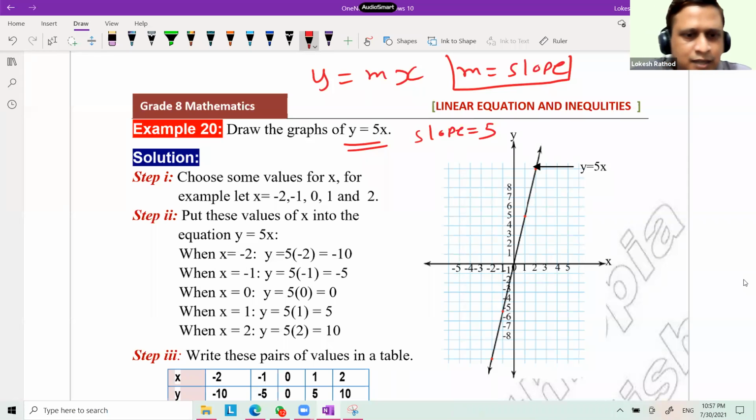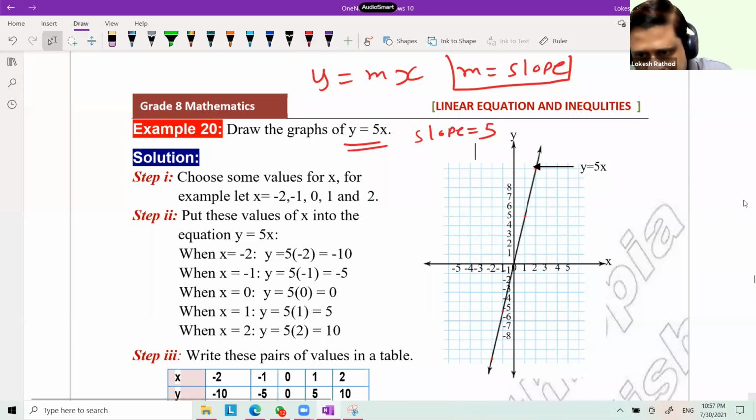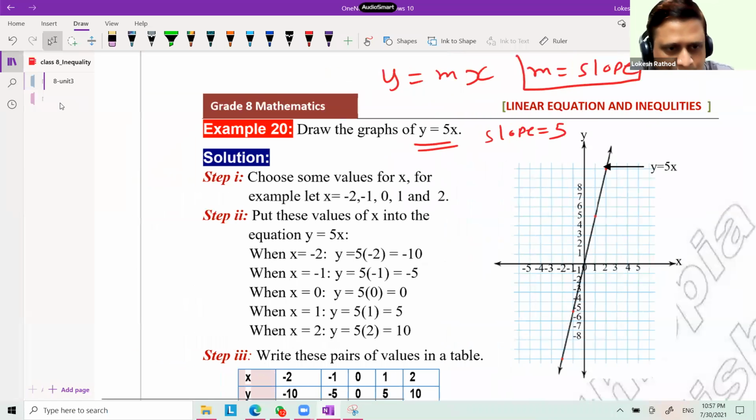And what is slope? Slope of the line we have not discussed, right? Let's discuss that also.